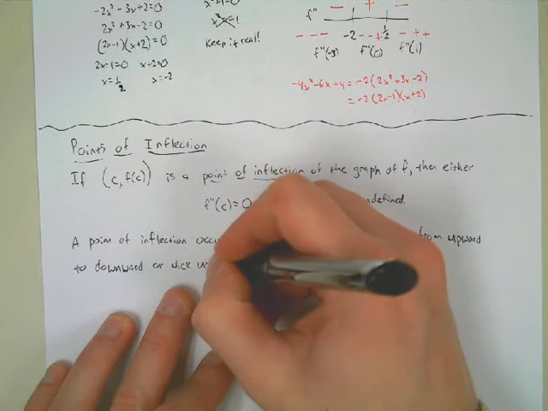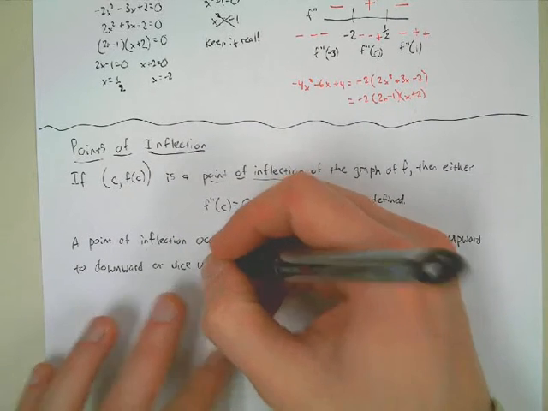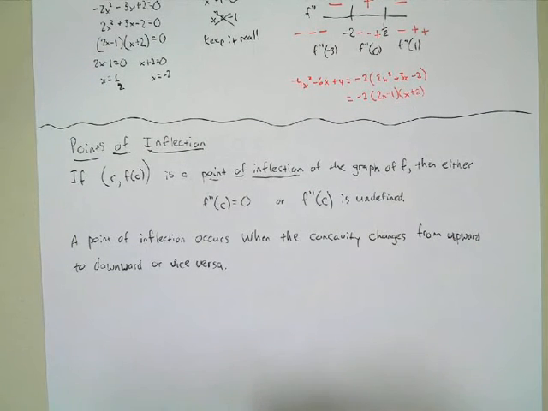Notice there is no delineation between changing from concave up to concave down or concave down to concave up. A point of inflection occurs at either of those two situations. We don't say we call it this kind of thing when it changes from concave down to concave up, and we call it this other kind of thing when it changes from concave up to concave down.